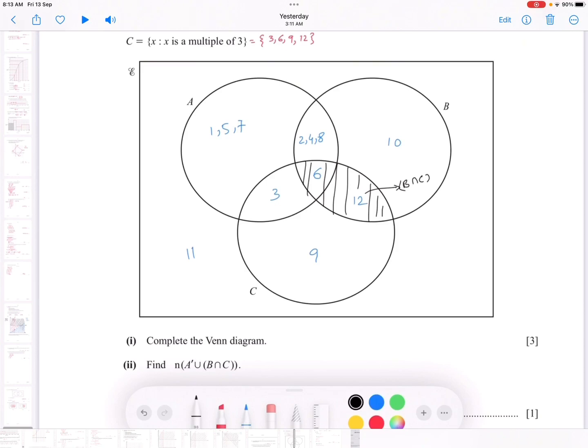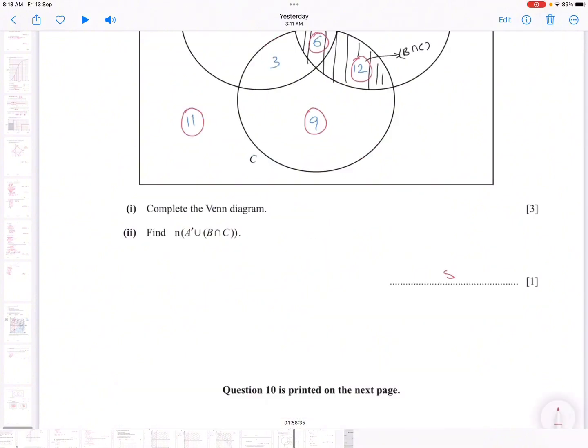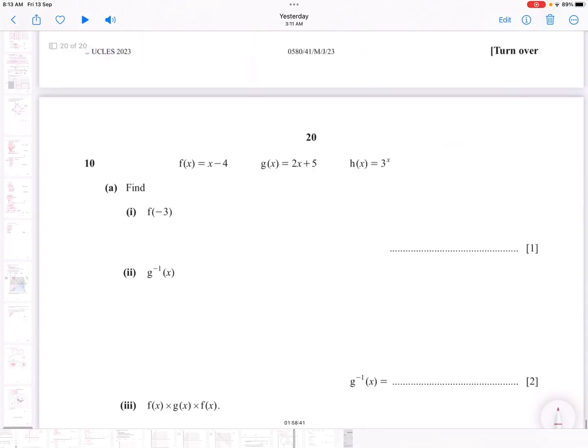A complement means all other than A, not inside A. But it's a union, so only the portion that is a union with the B intersection C. So your shade would be, actually we do not have to shade, we have to pick the elements. So your elements are 10, 12, 6, 9 and 11. So these are 5 elements.